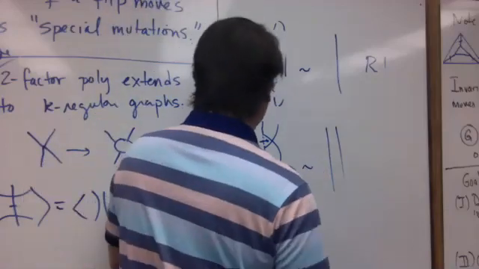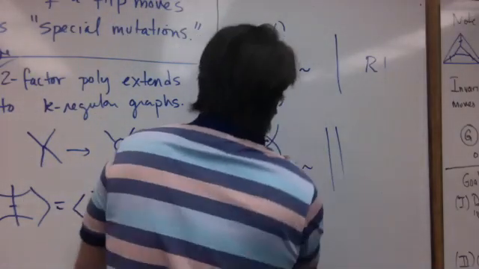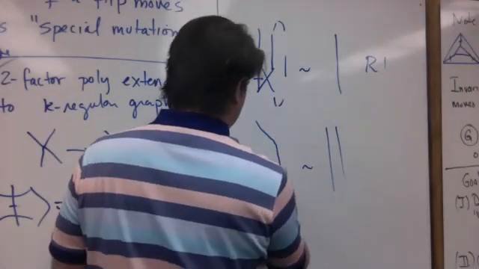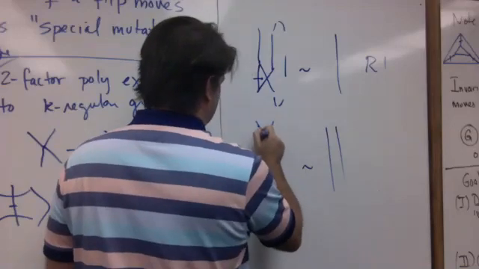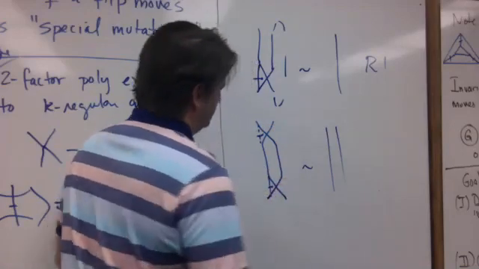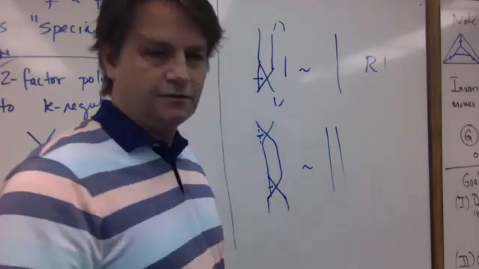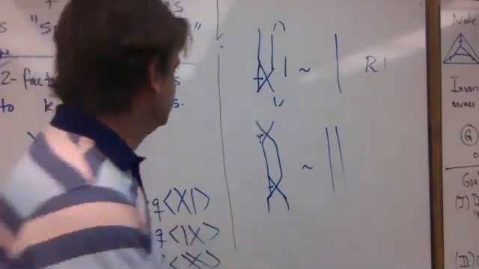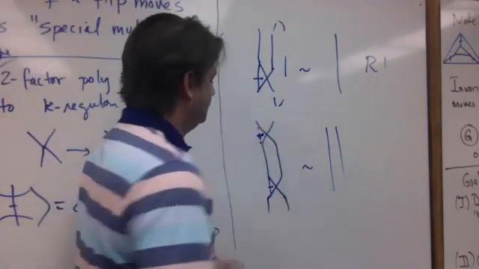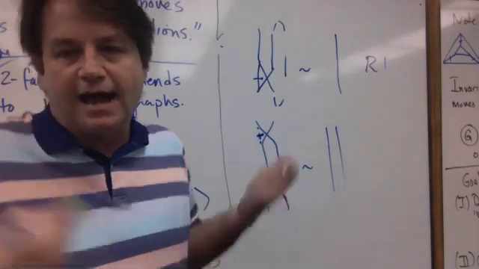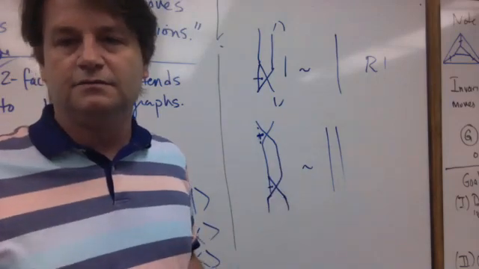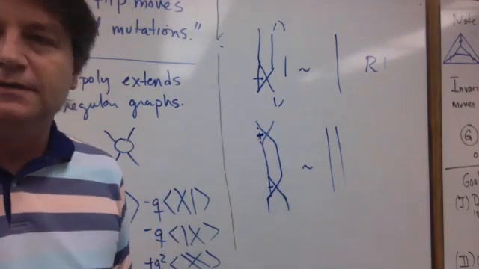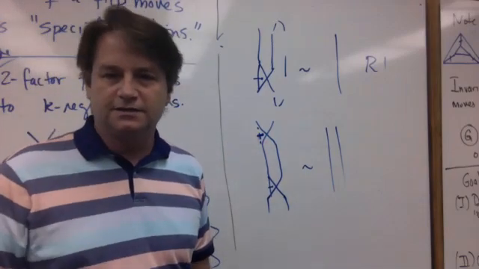Here, let me make it look more like this. Once you start doing this, you can easily start to think of graphenes as braids, and you can talk about the virtual braid group for graphenes, and it all translates nicely over.